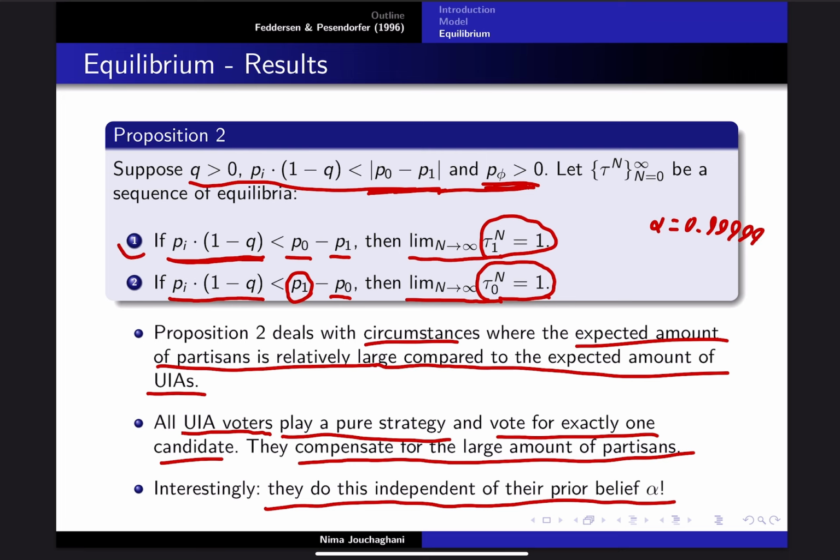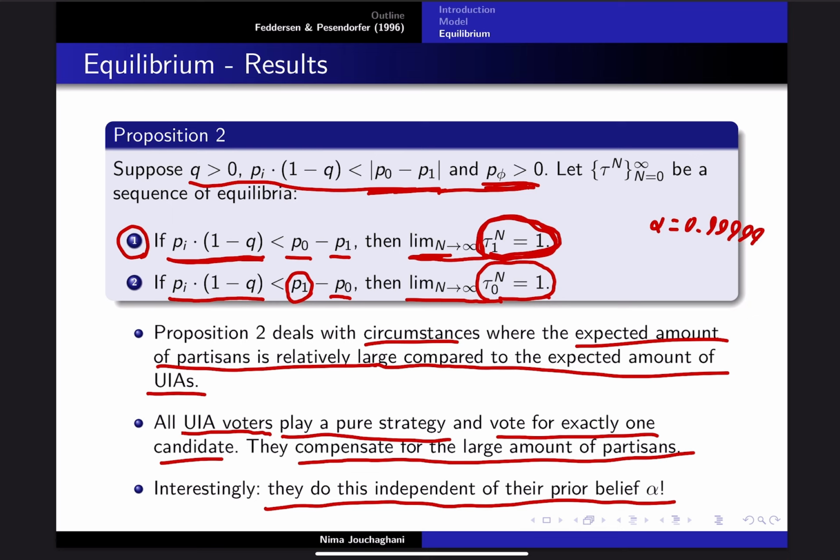Interestingly, the first result here is still saying that if the amount of 0 partisans is very high, then if we increase the amount of eligible agents, you should still vote for candidate 1. That's a very counterintuitive result if you think about it.